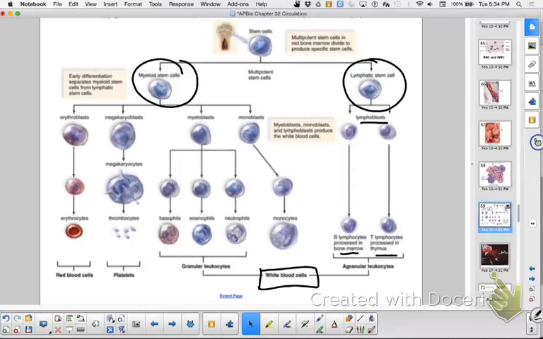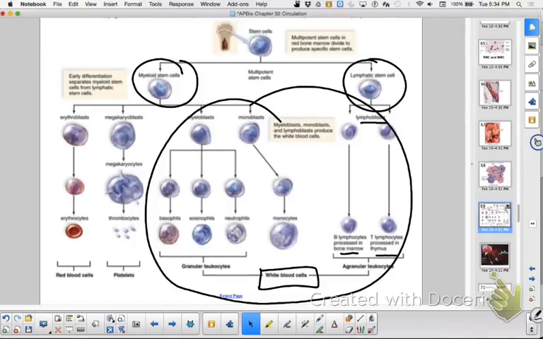We'll talk about all of this section right here when we discuss the immune system. Just for right now, you're going to know that white blood cells fight infection, and that red blood cells are carrying oxygen, and that platelets are involved in blood clotting. Okay, so don't stress out too much about that.